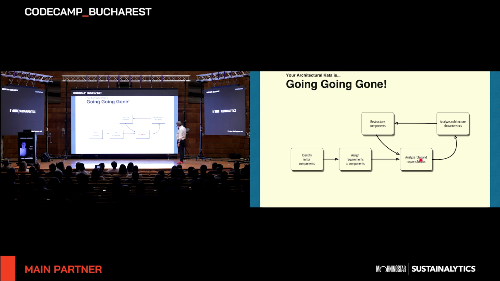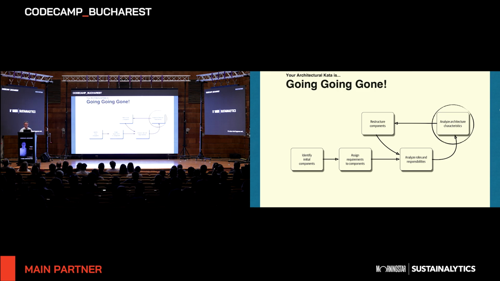Once we've analyzed the roles and responsibilities and allocated responsibilities to components, now we need to come back and look at our characteristics perspective on these prototype components that we have. This is why you have to have done the characteristics analysis before you can continue to the next step. So these could be done in parallel up to this point, but this is the join point where now I need to apply what I've learned from that characteristics analysis to my problem domain here.